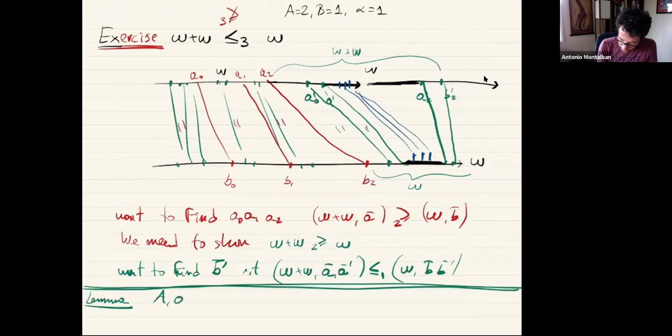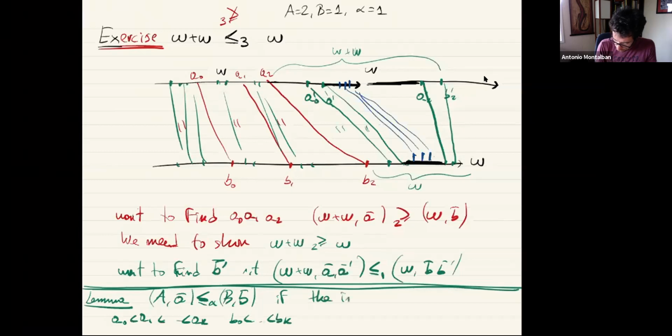Lemma: for linear orderings A and B, A is less than or equal alpha B if, and suppose that A0 is less than A1, suppose they are in order by chance, if the intervals A_i to A_{i+1} is an interval inside A, is less than or equal alpha the corresponding interval inside B, for all i.